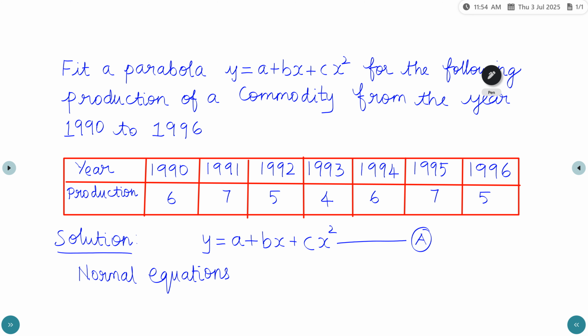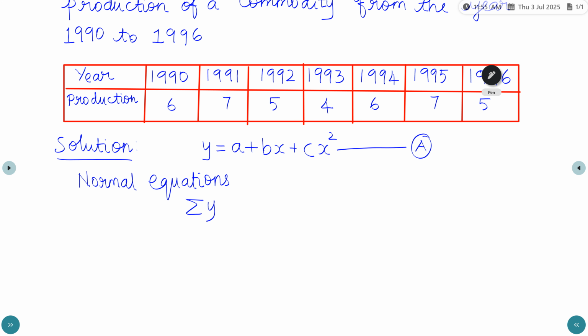Take summation on both sides of equation A, that is summation y equal to summation, the constant term we should write before, so summation a plus b into summation x plus c into summation x squared.